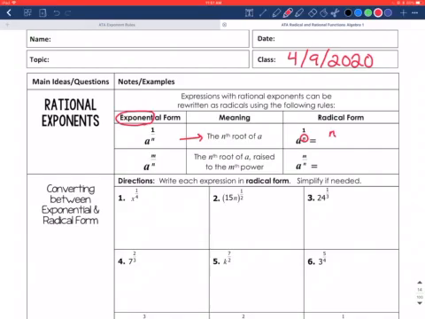Then you put the radical sign. The base of the exponential form is going to be your radicand. And then that leaves the numerator, which is the power of the radicand on the inside.